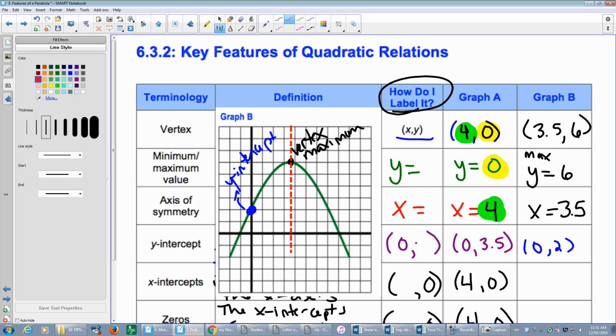No, that's not how I label x-intercepts. No, 8, 0. So this is one x-intercept, and that occurs at 8, 0. Kyle, can you give me the next one? Negative 1, 0. So I have another x-intercept.